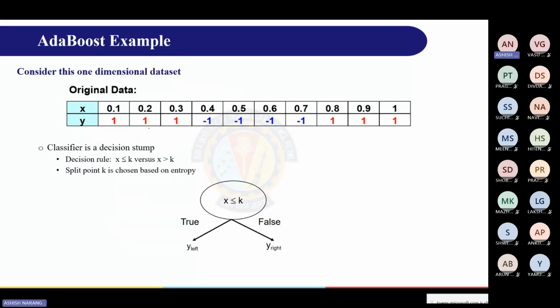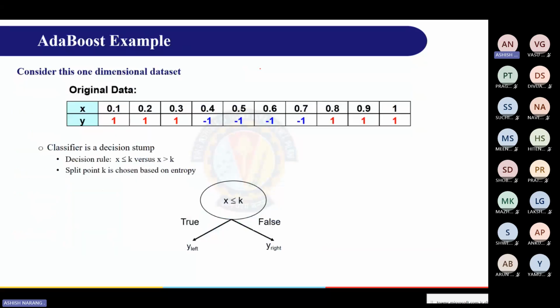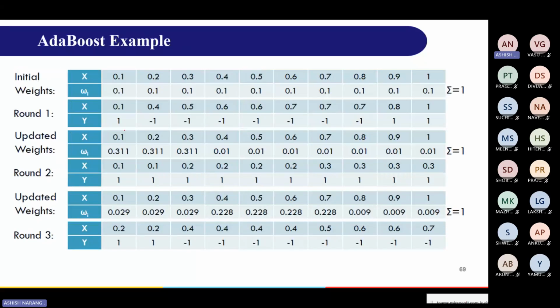Again, we want to classify 1 and -1, so which value should we choose? We are going to pick up some different samples every time. Look at this: 0.1, 0.2, 0.3, 0.4, 0.5, 0.6, 0.8, 0.9. Initially the weights are equal, 0.1 is the weight given to everything, and the total weight is 1.